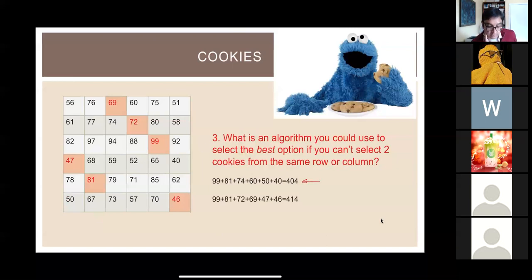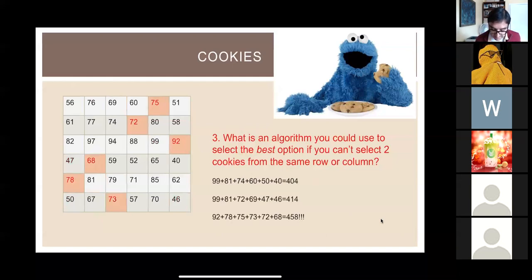But here's a better solution, different from the one that greedy gave us, and it does better. Okay, and here's yet another solution that's much better. Okay, and this may or may not be the best solution. Okay, so this is the greedy solution. And these are better solutions. And if you look at this one over here, you can see that the highest valued cookie it takes is 92.